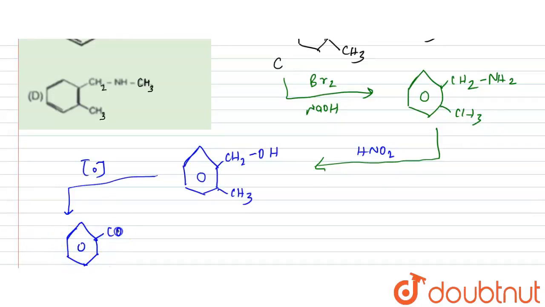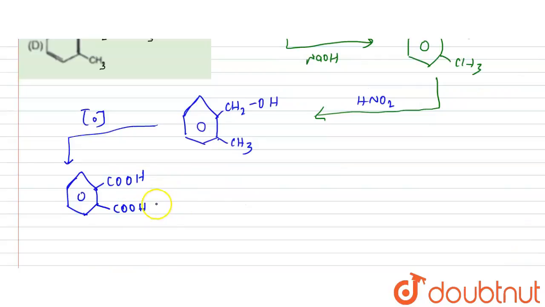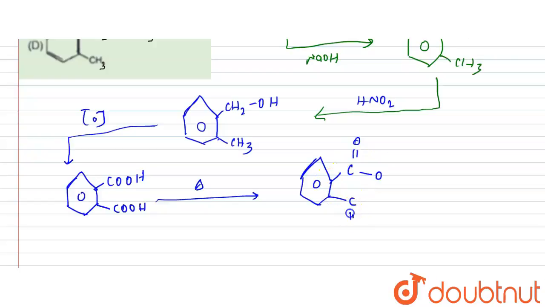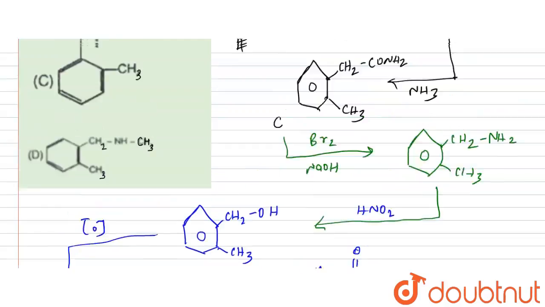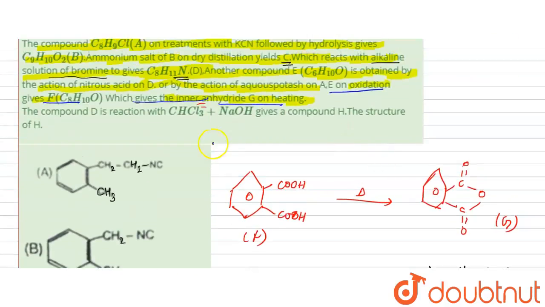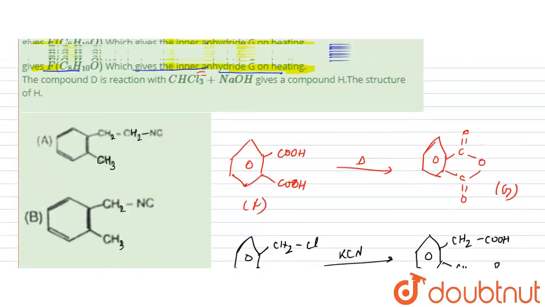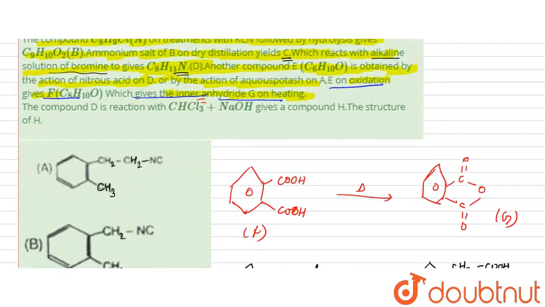You will get COOH here, CH2OH will be oxidized, and even the methyl group will be oxidized to COOH, and now on heating you can easily get the inner anhydride, like this, C double bond O, then C double bond O and O. This is the inner anhydride which you will get. So this was only required.